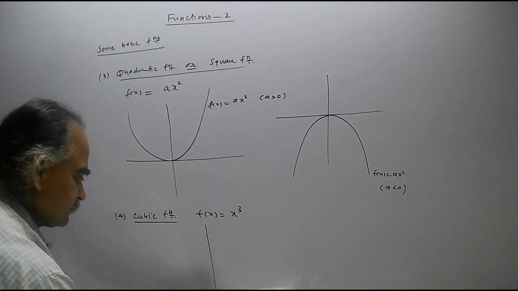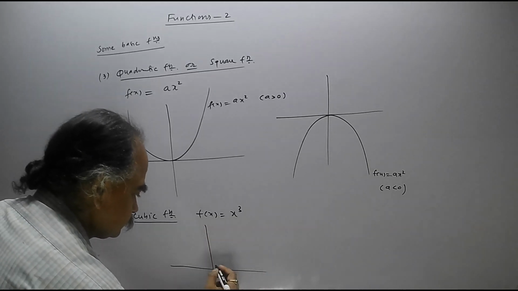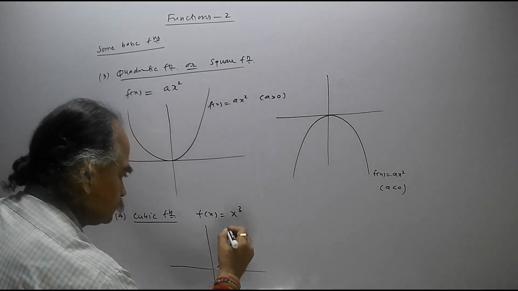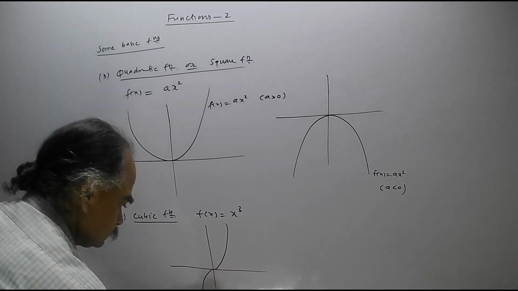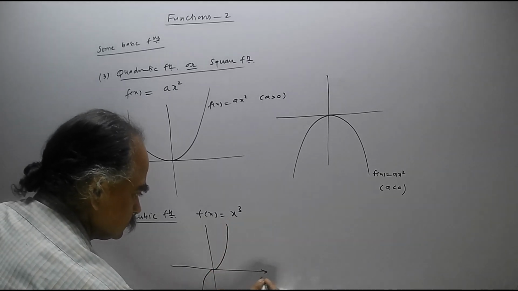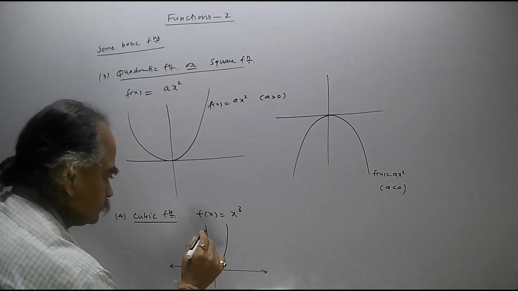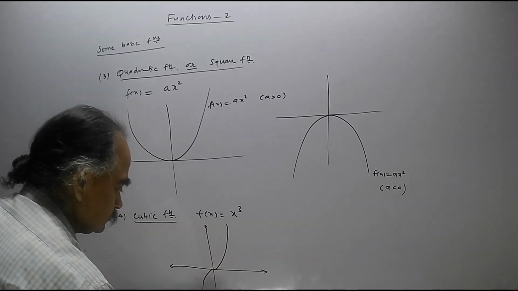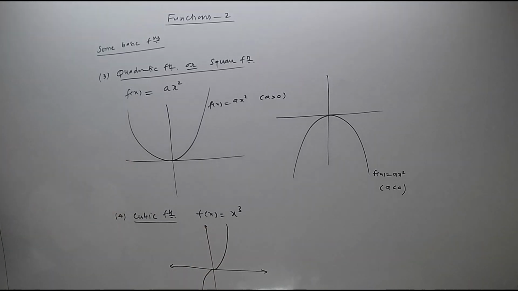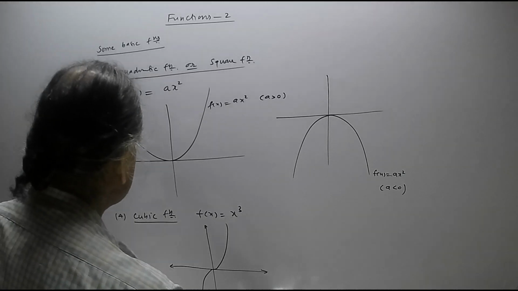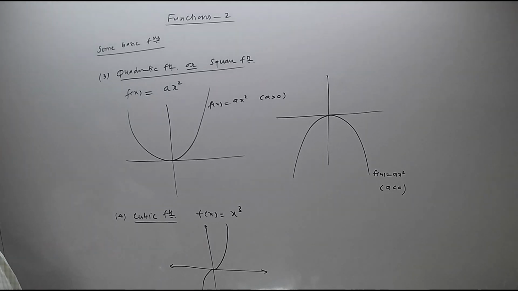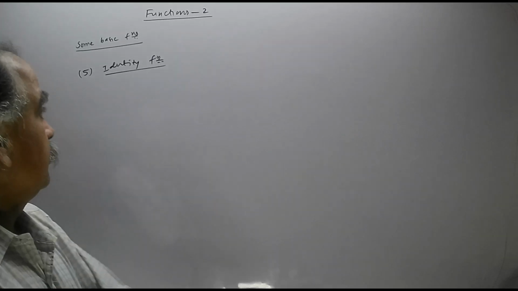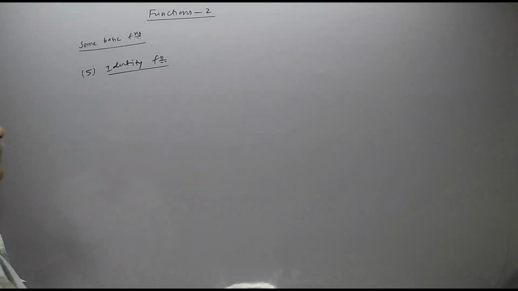This graph is like this. Then identity function. So next is what? Identity function.